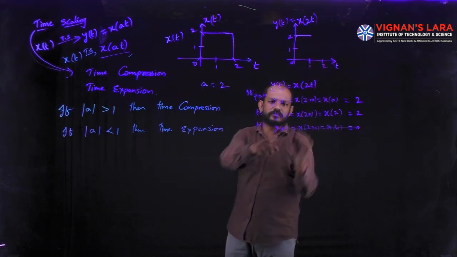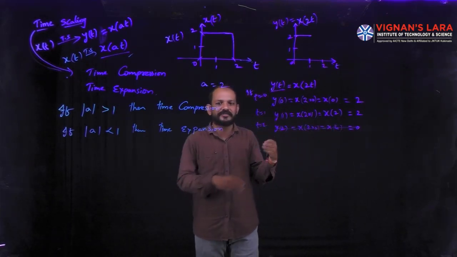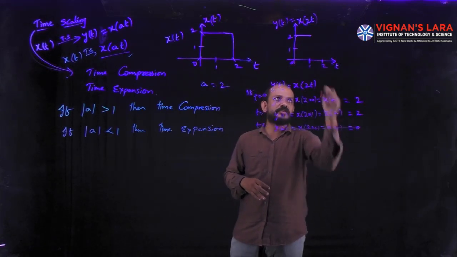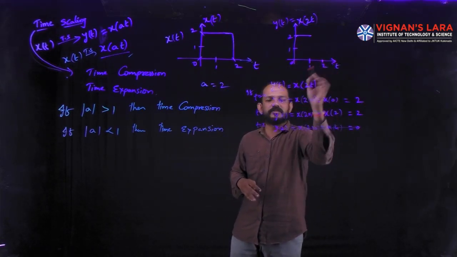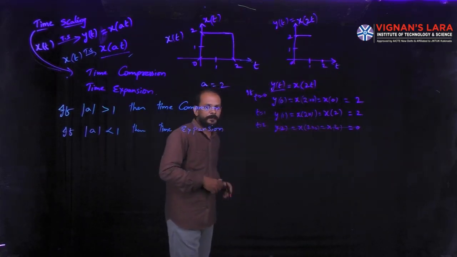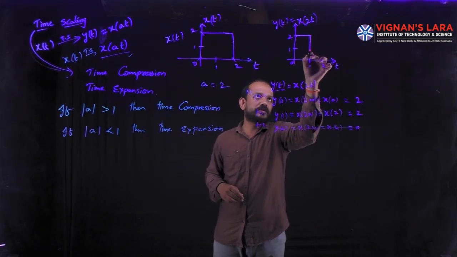At t equal to 2, y of 2, that is x of 4, the x of 2t value is 0. Everything is zeros there, so there is no need to write. Now join this one. See.